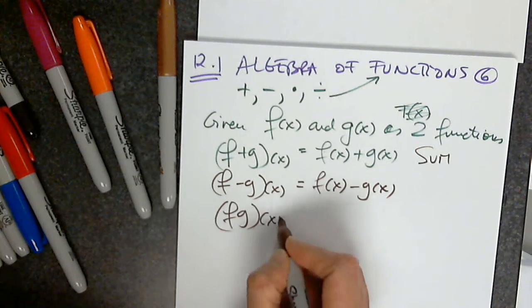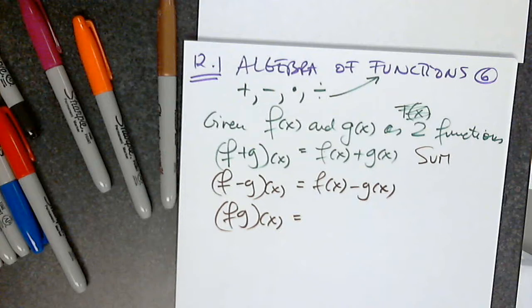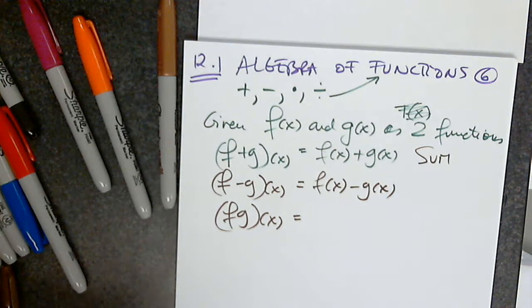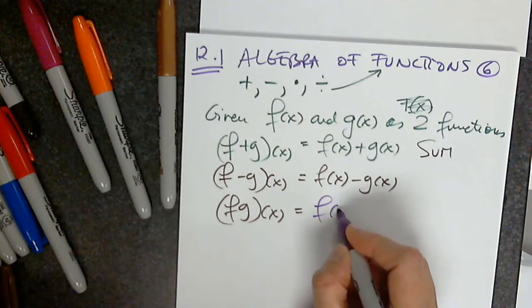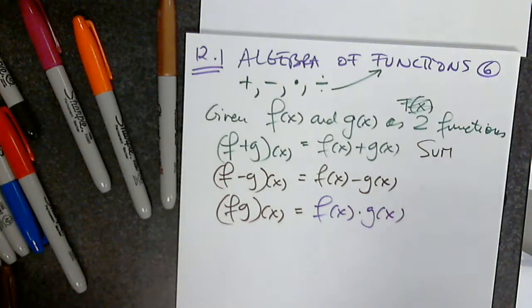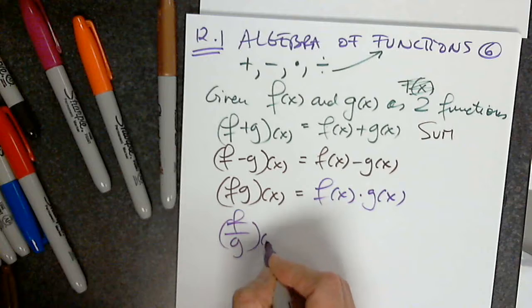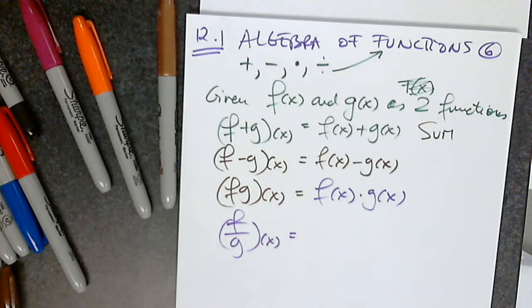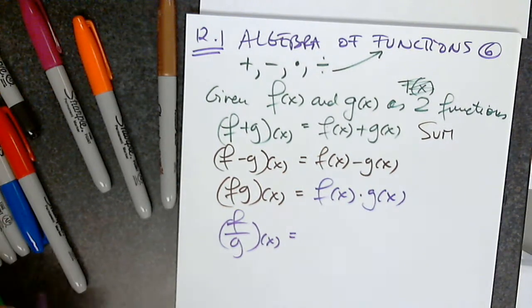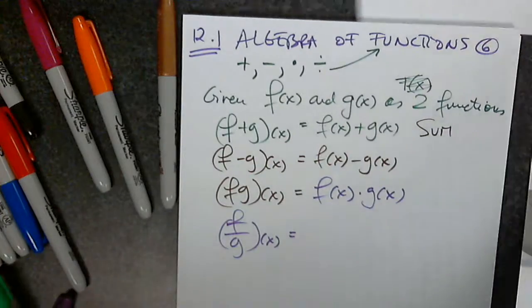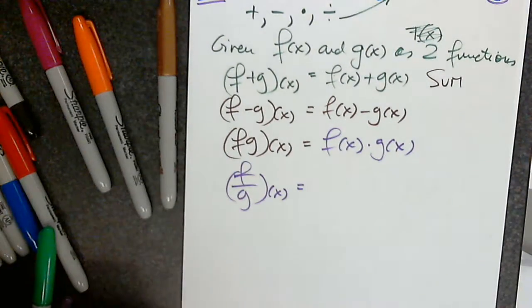Again, with the fg of x, you will not ask for more information because you will know how to create fg. How will you create fg? That's it. So this is the product of these two functions. And the last one in algebra of functions. Again, you will not ask for any info. If I ask, please find f over g of x, you will know what to do with no additional info.